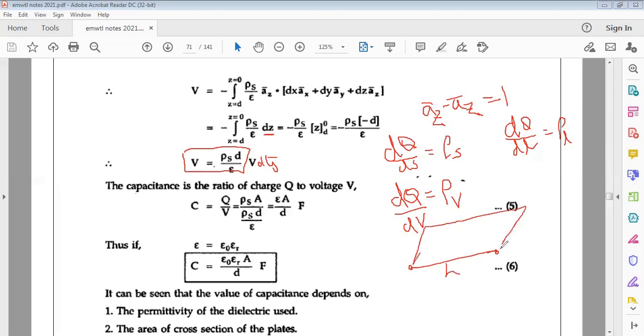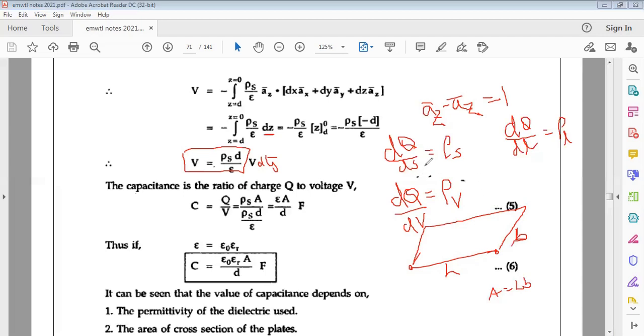By adding these up, it becomes a surface. The surface means length into side is an area. Let us take length and breadth, so area is equal to L into B.